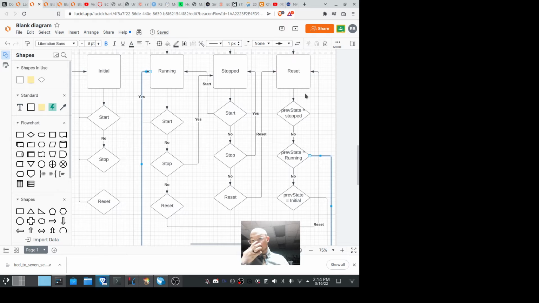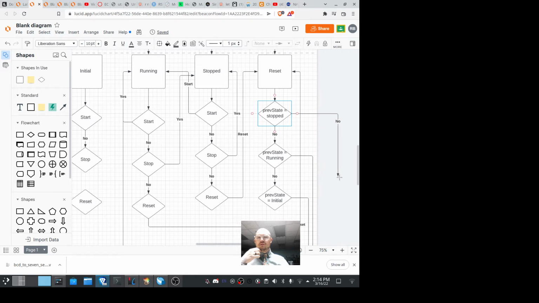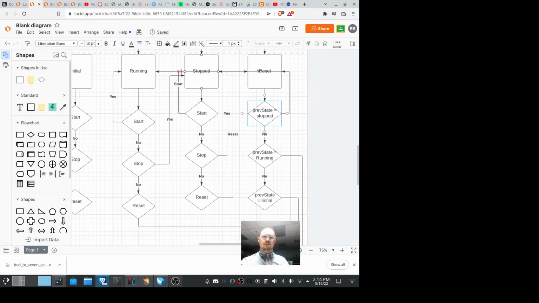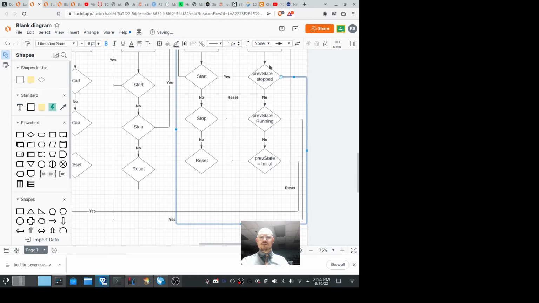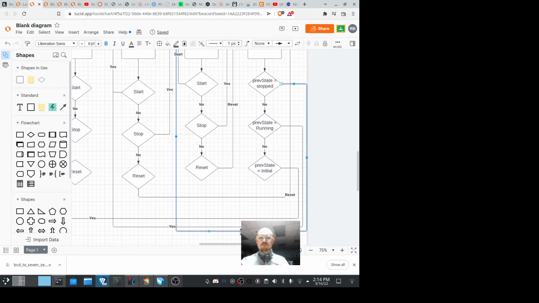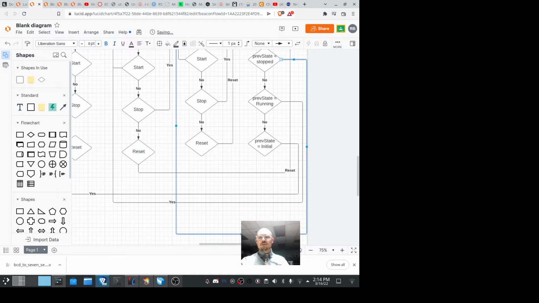And if prev state was equal to stopped, then we go back to stopped. Alright, well, it's no better or worse than any of the others I've done.